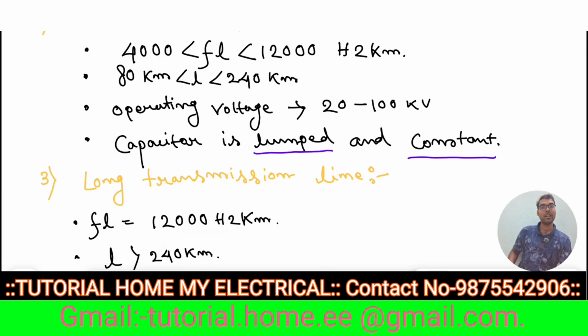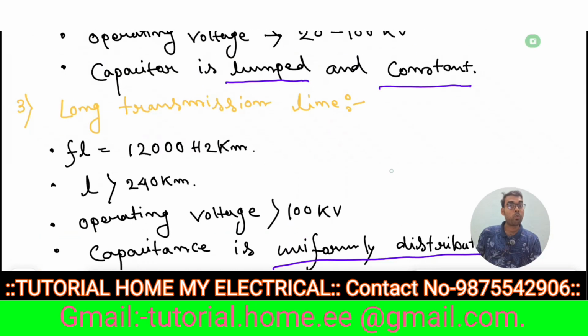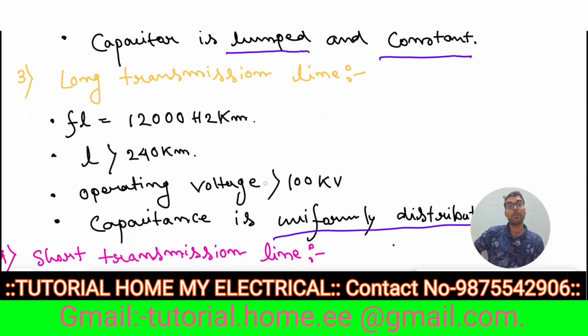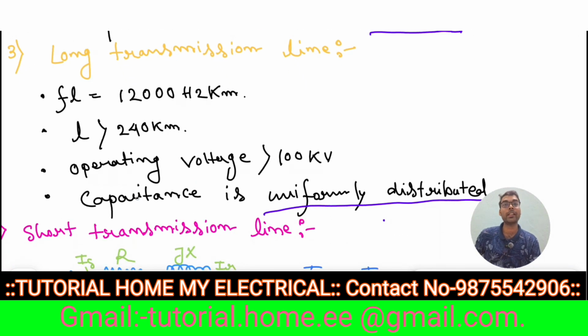Now going to the long transmission line. For a long transmission line, the multiplication of frequency and the length of the transmission line is equal to or greater than 12,000 Hertz kilometer, the length is greater than 240 kilometer, and the operating voltage is greater than 100 kilovolt.